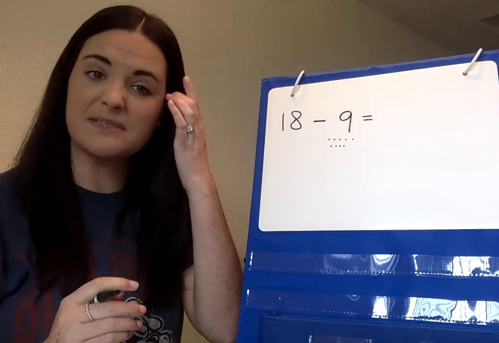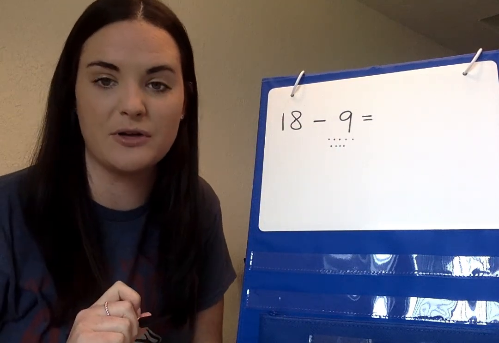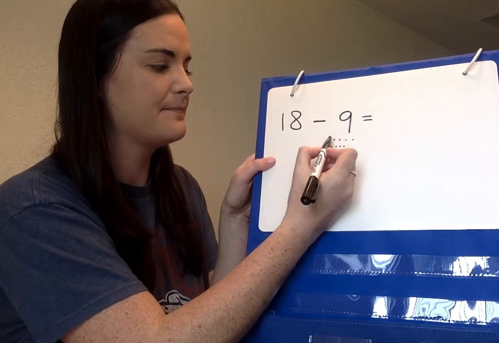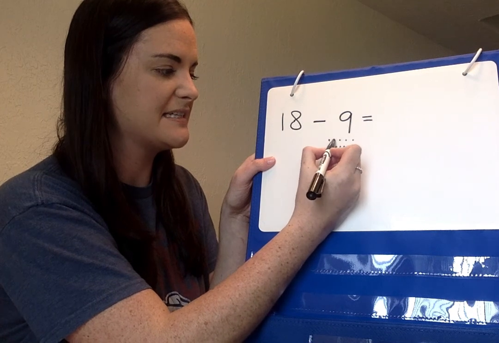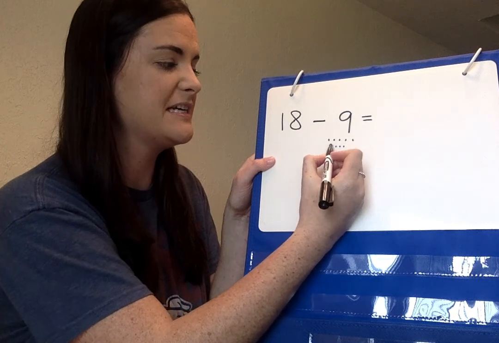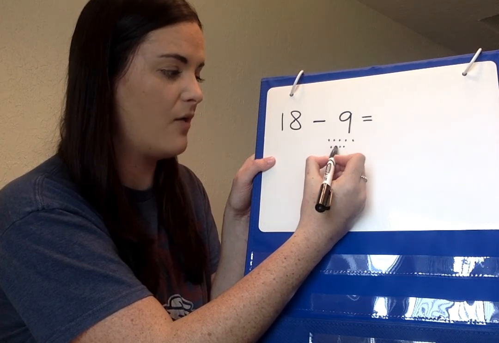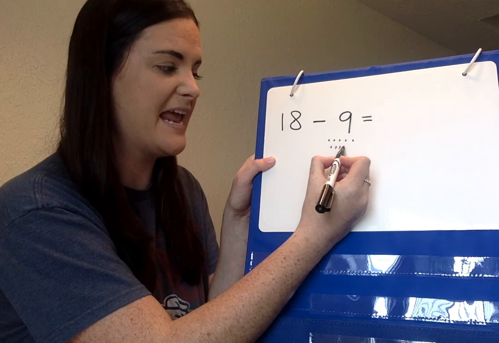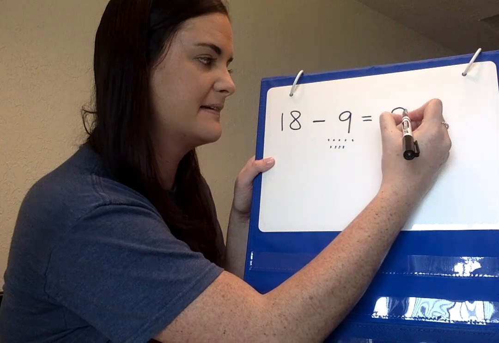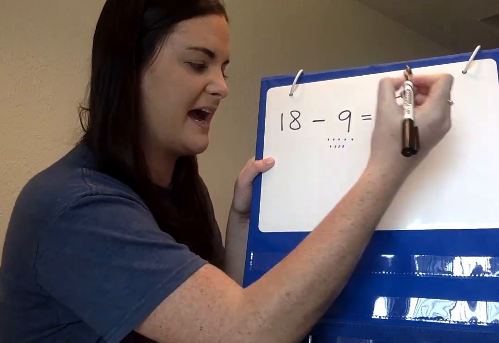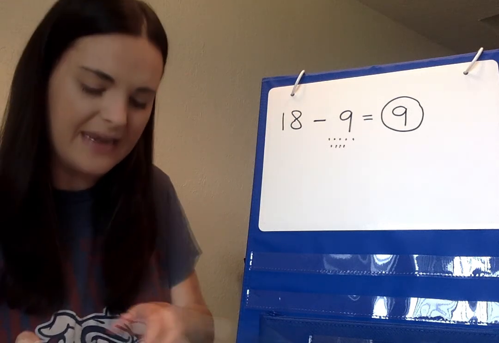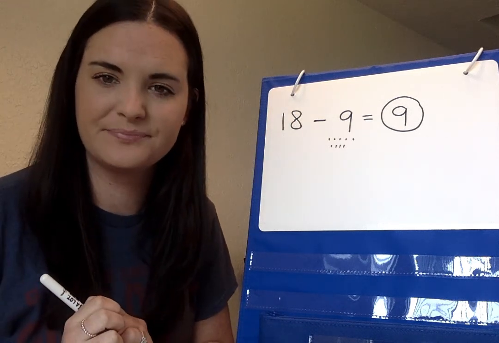Now remember, sometimes it helps you if you draw dots under the number you're counting backwards to help you keep track. 18, 17, 16, 15, 14, 13, 12, 11, 10, 9. What number did I end on? 9. So our answer is 9. 18 minus 9 equals 9. 9 more flowers are needed.